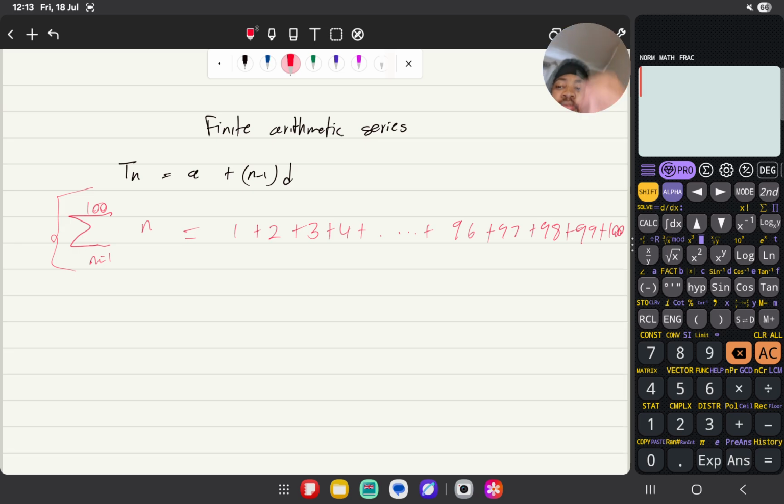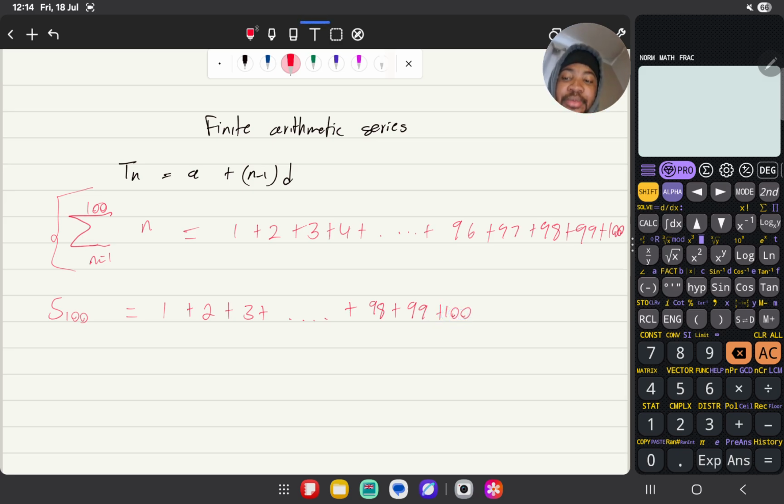First, for this series, we said S100 is going to be 1 plus 2 plus 3, and of course it's a long list, plus 98 plus 99 plus 100.